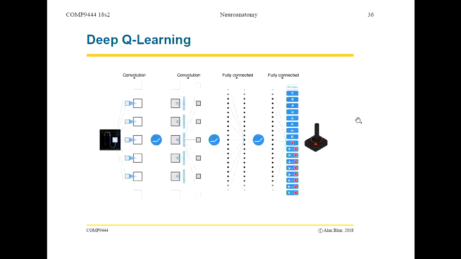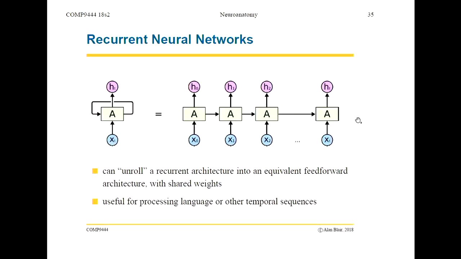Now, I slipped in a couple of slides here just to show the other kind of tasks that we're going to be looking at. So we'll spend a couple of weeks on that image processing. And then we'll spend a couple of weeks on language processing or sequence processing.